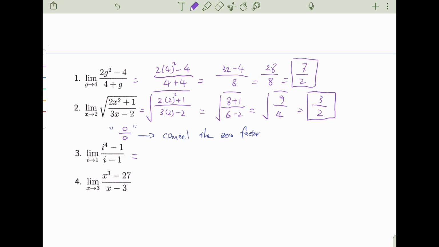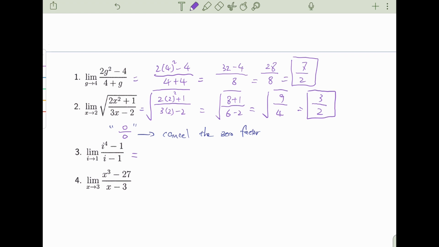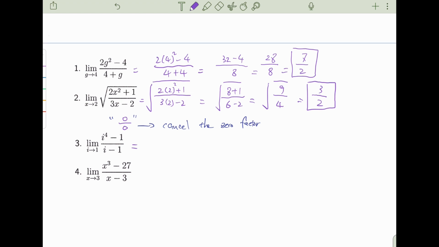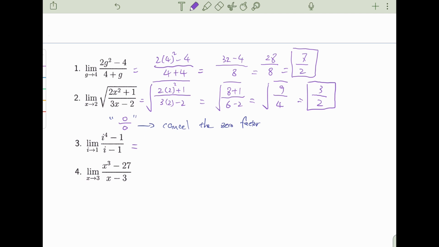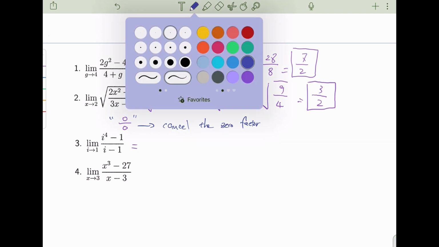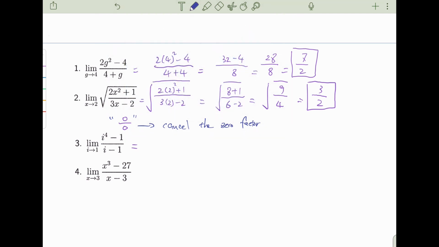This requires factorization. We will need to factorize the expression on the top as well as on the bottom. The formula we're using here is the difference of squares formula, which I'm writing here: a squared minus b squared equals a plus b times a minus b.